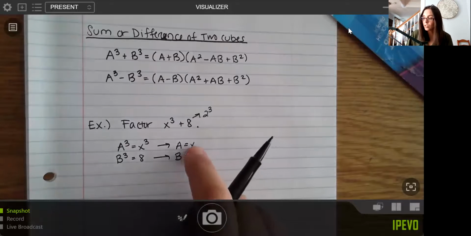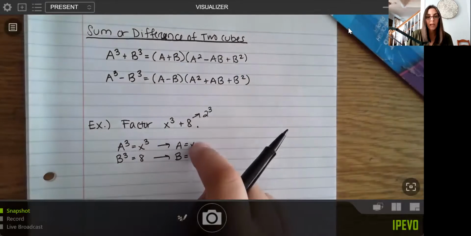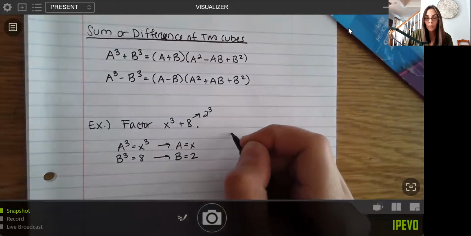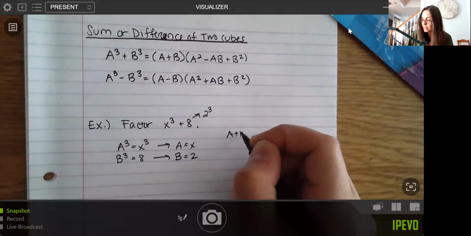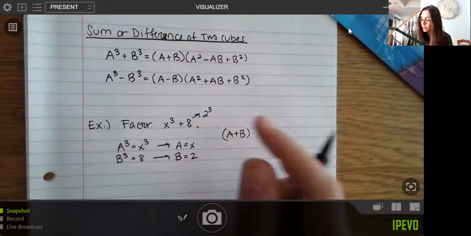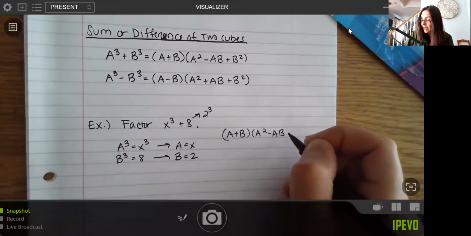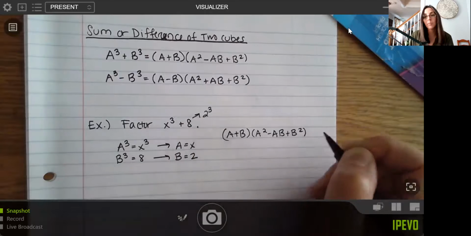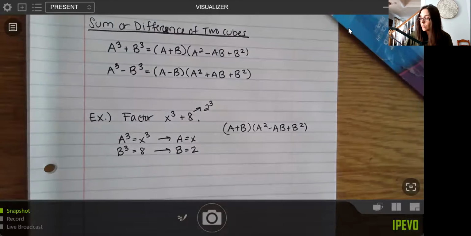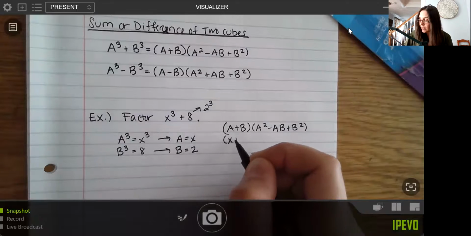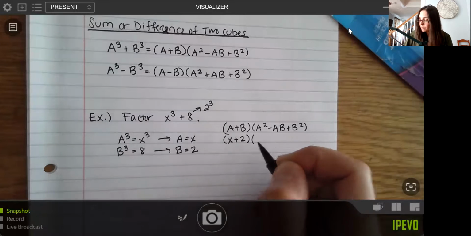So what you're going to do is just take the formula and substitute in x and 2 here for a and b. So my formula for the sum, right? So the sum is that top one. And I'm not going to lie, I don't have these memorized. This is something that I would just put on a note card and keep near me as I'm doing these questions. So wherever I see an a, I'm going to put an x. And whenever I see a b, I'm going to put a 2 here.